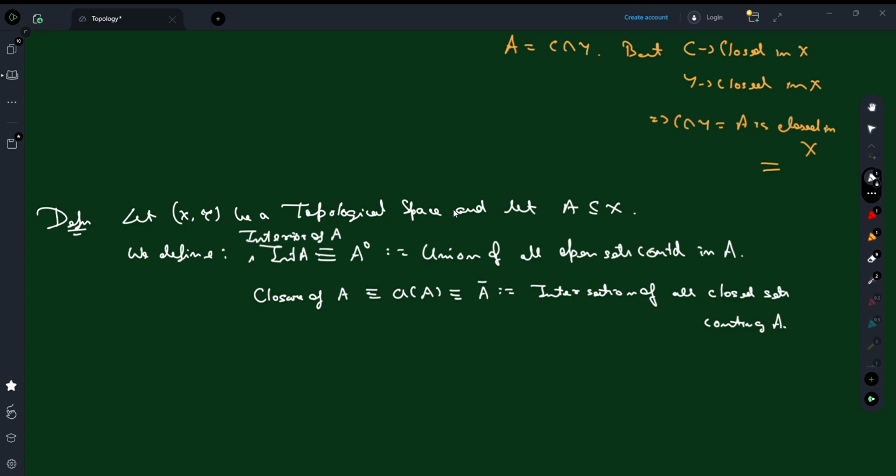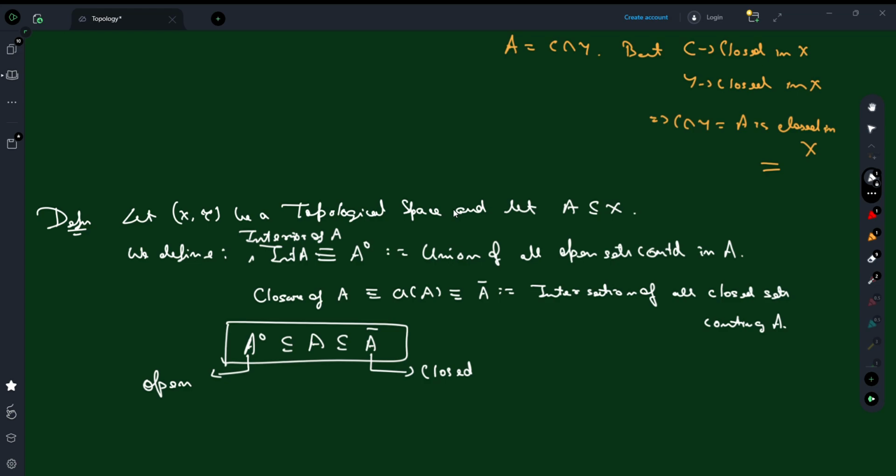Specifically, it's the smallest closed set containing A, because an arbitrary intersection of closed sets is closed. So it's obvious from the definition that the interior of A is contained in A, which is contained in the closure of A. The interior of A is open by definition because it's an arbitrary union of open sets, and the closure of A is closed by definition because it's an arbitrary intersection of closed sets.